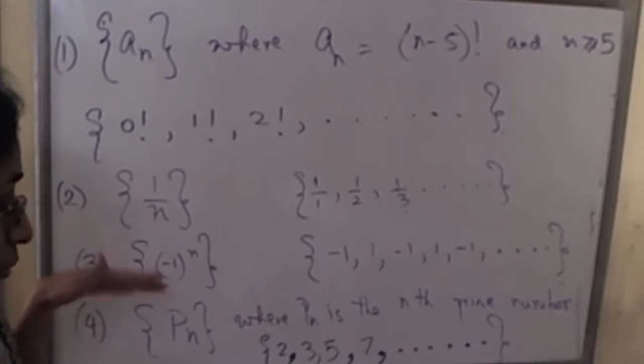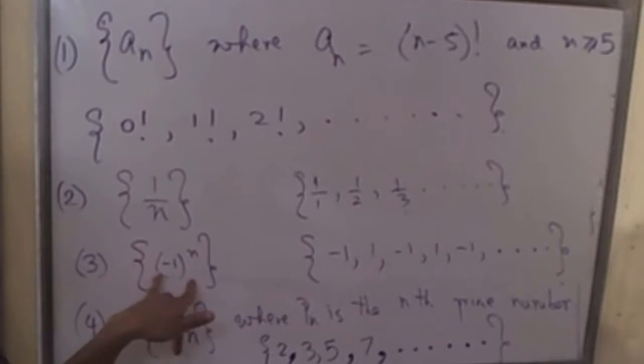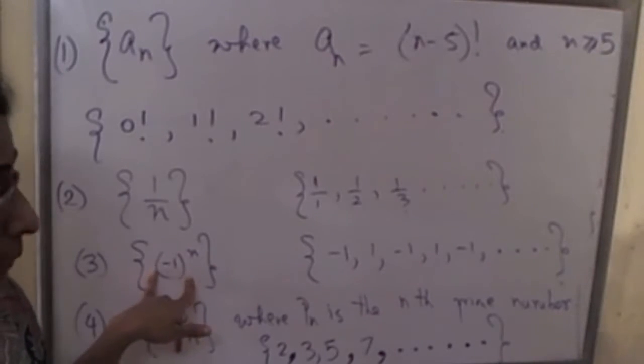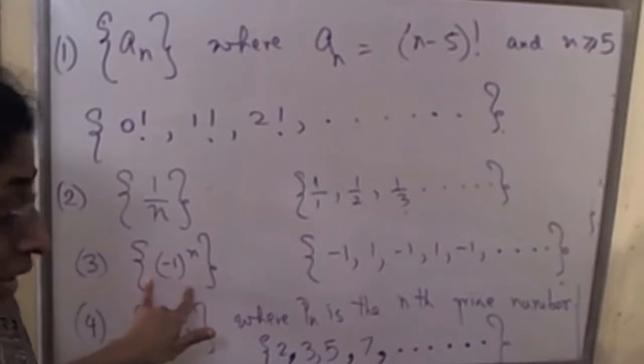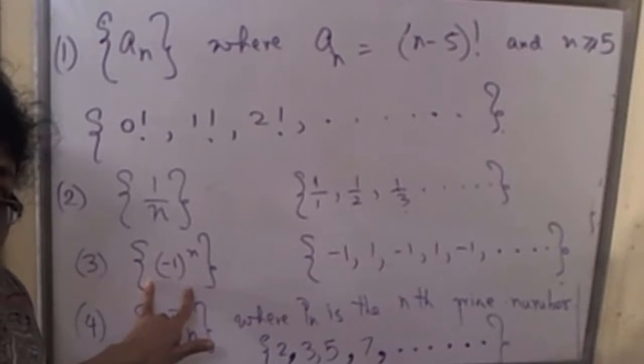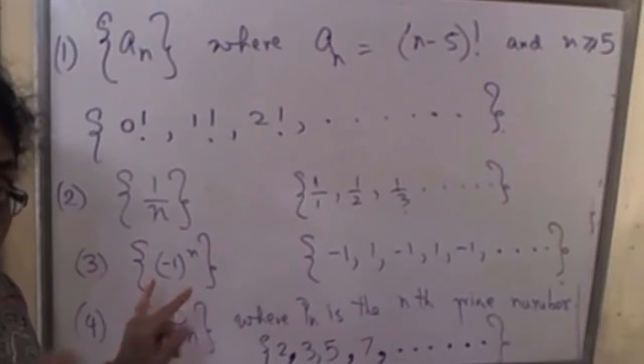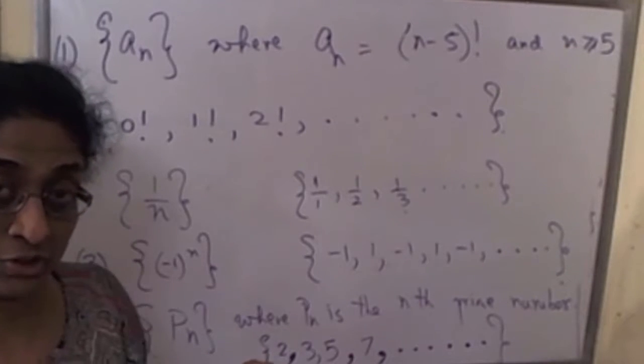Now remember, we can also talk about sequences where we cannot give a very specific formula for the nth term, a formula like this one, or like this one, or like this one. Still we can use words to describe what the nth element of the sequence is, a very precise way of saying what the nth element of the sequence is.